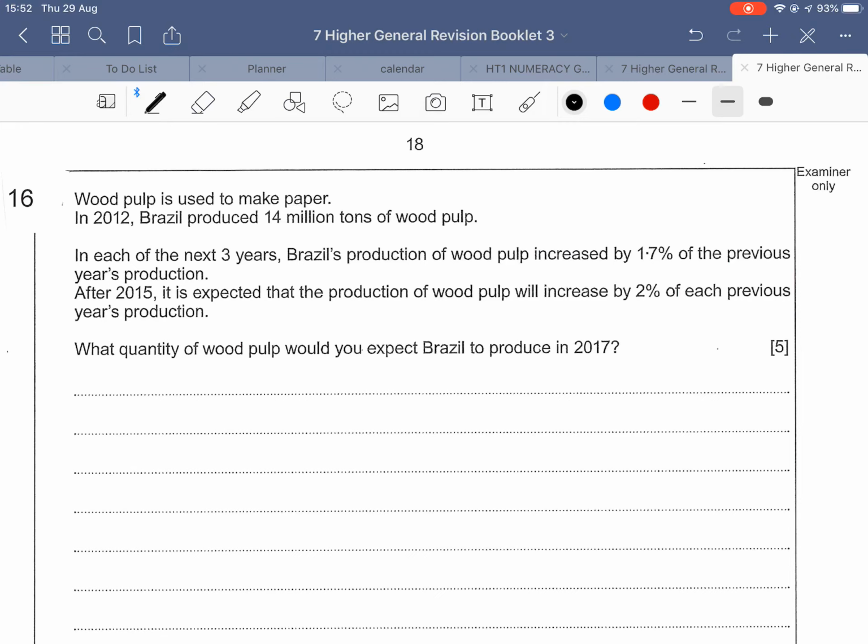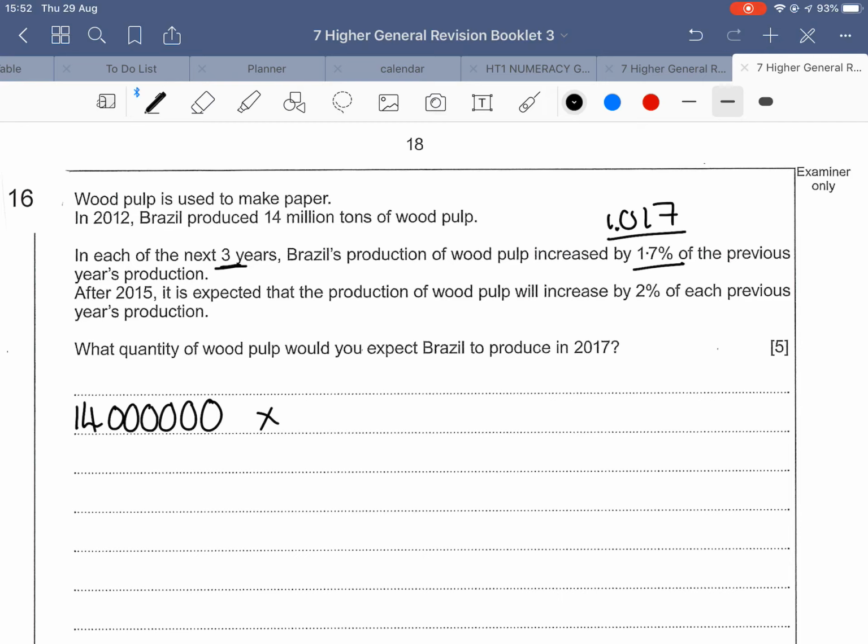So we've got 14 million. Million has 6 zeros, so 14, 1, 2, 3, 4, 5, 6. And what are we doing? Increasing by 1.7%. So that's add to 100%, because we've got 100%, add 1.7% is 101.7%. That as a decimal is 1.017, and that is for how many years? 3 years.